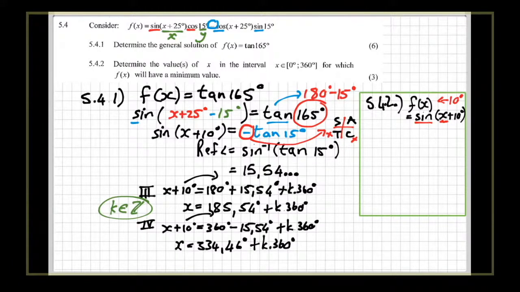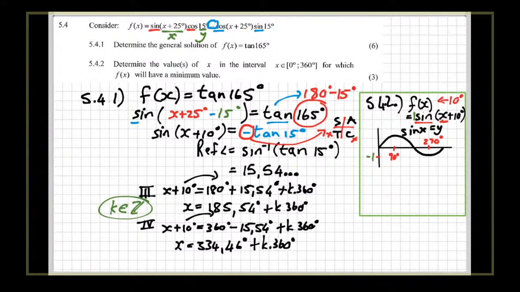So I'm going to start between 0 and 360. My graph is going to go up, down, up again. Intervals here at 90. So at 270, it's going to have a minimum value of -1 because the amplitude is still 1. But remember this, ladies and gents, is just the sine x graph.